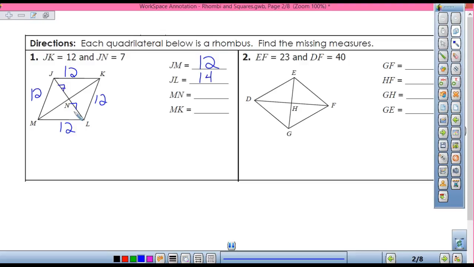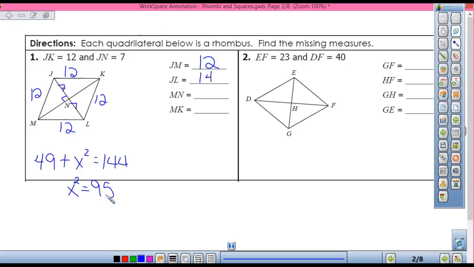How am I going to find MN? Where is my 90-degree angle? Right here at N. So 49 plus x squared equals 144. So x squared equals 95.